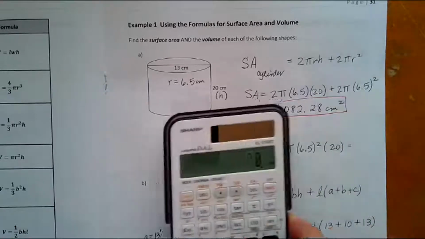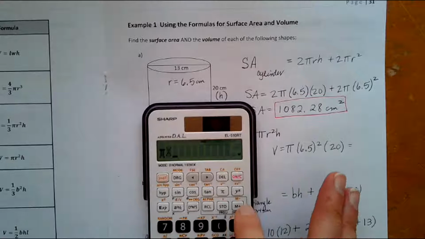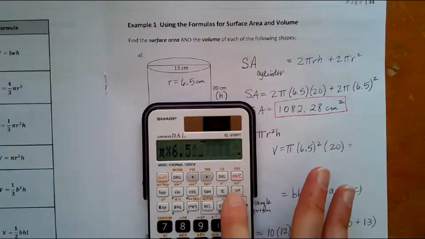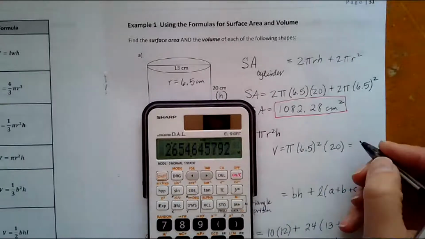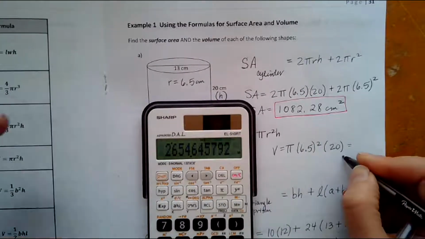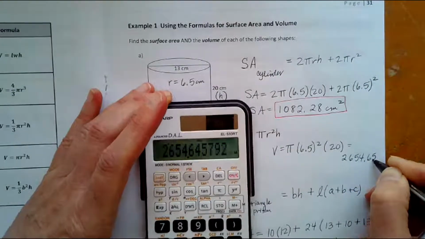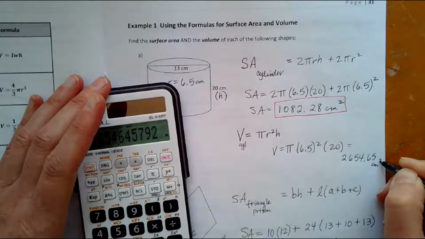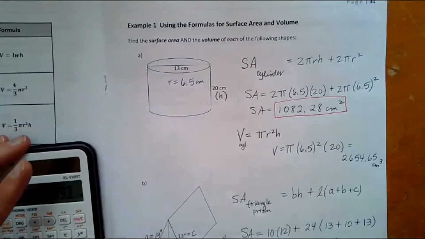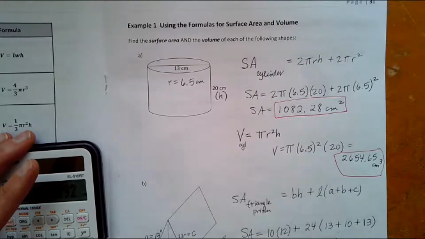So that's easy enough to punch in. They're actually easier to punch in because there's usually fewer parts. 6.5 squared times 20, and I get 2654.65 centimeters cubed. Be very careful: volume is always cubed. Anything with area, surface area, or just area is squared.